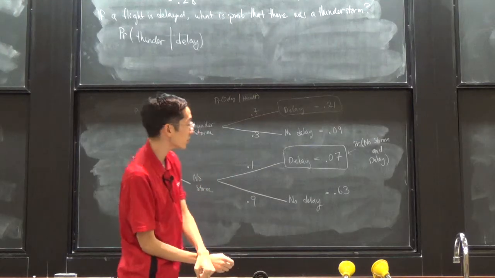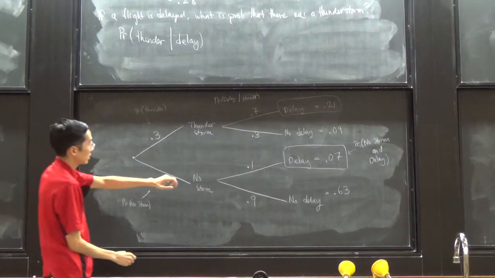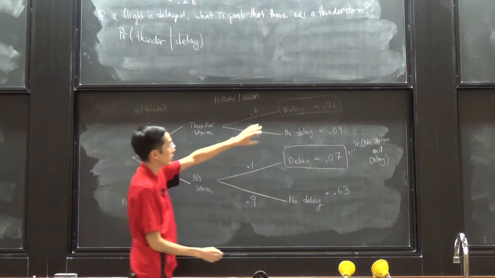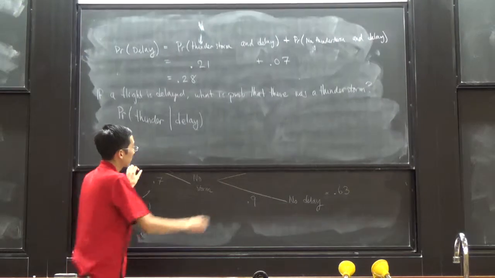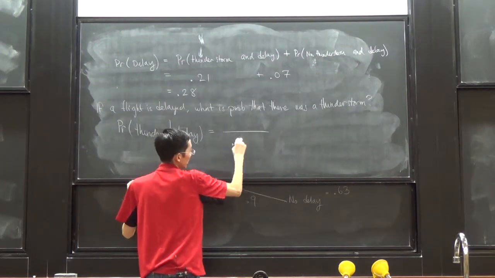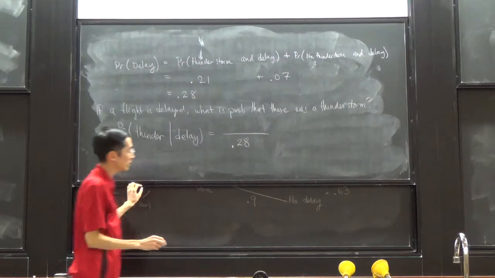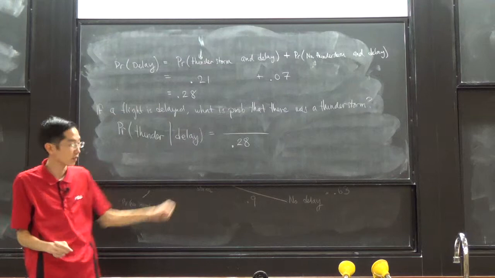And so, we want to know, what is the probability that there was a thunderstorm? In our world, we're limited to just those times when there was a delay, and that happens 0.28 of the time.